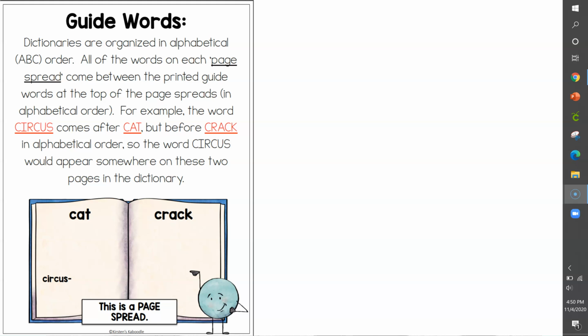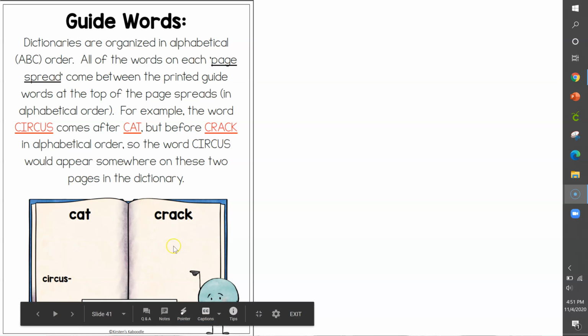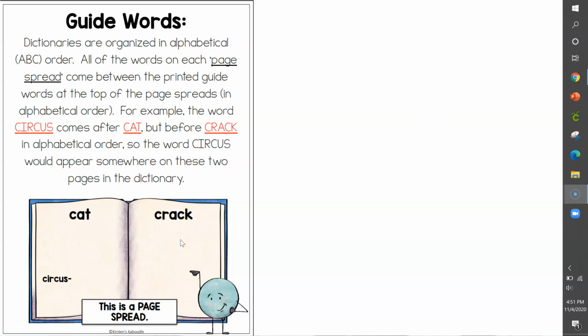For example, the word circus comes after cat, but before crack in alphabetical order. So the word circus would appear somewhere on these 2 pages in the dictionary. This particular dictionary has a page spread that is 2 pages long, meaning cat is the very first dictionary entry on this page, right here to the left, and crack is the very last dictionary entry on this page to the right.